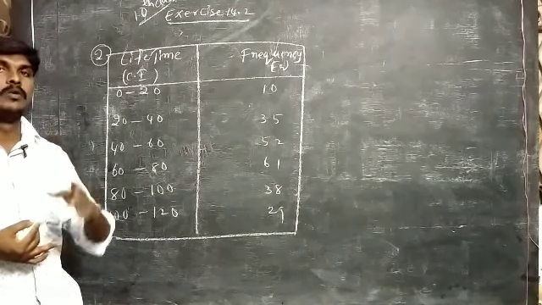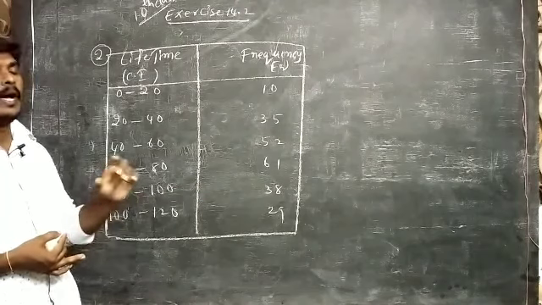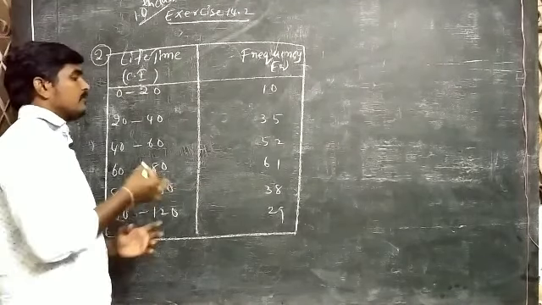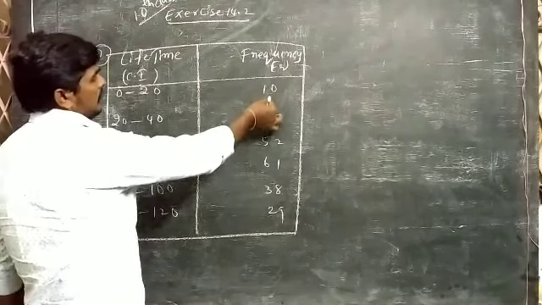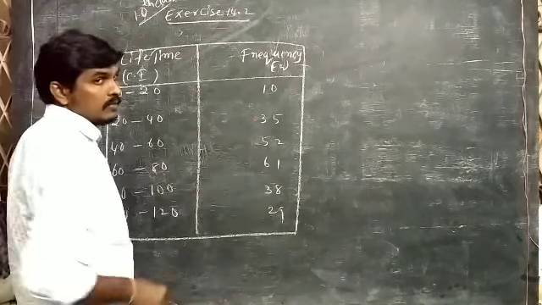To find the modal class interval, in the frequency column, observe where the highest frequency is. See all the numbers, the highest number is 61.